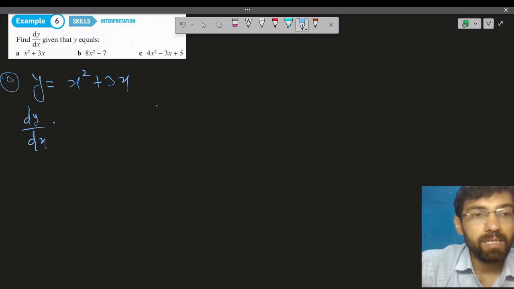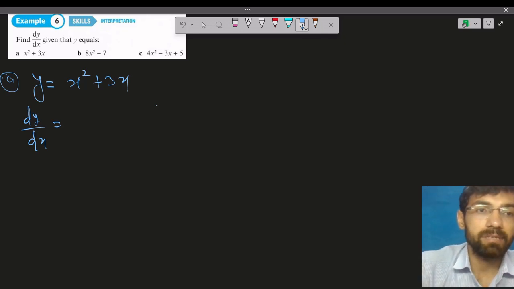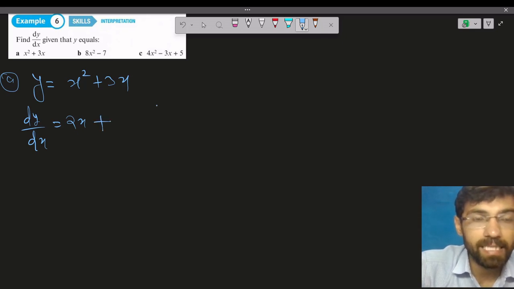And what about the right hand side? Differentiation of x square, it is x raised to n, and x raised to n gives n into x raised to n minus 1, the power rule. So it will be 2x. Then I have plus, so I will write plus as it is and then differentiate 3x. We just learned any constant into x, the x vanishes, so it will be 3.